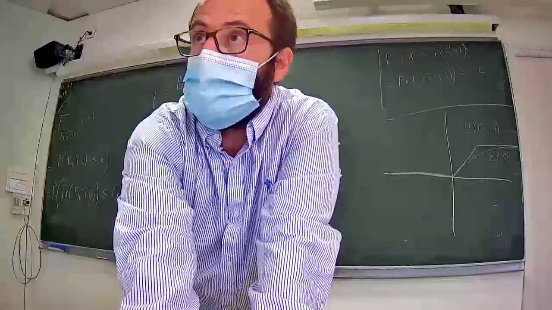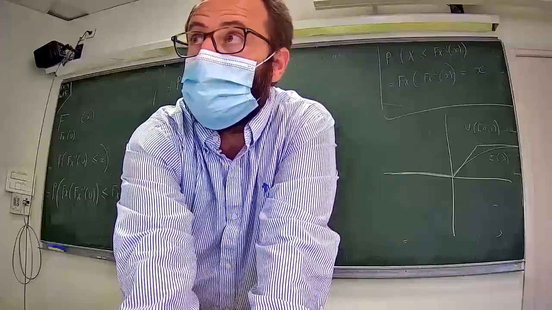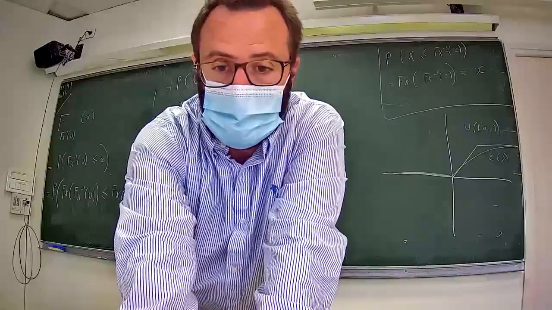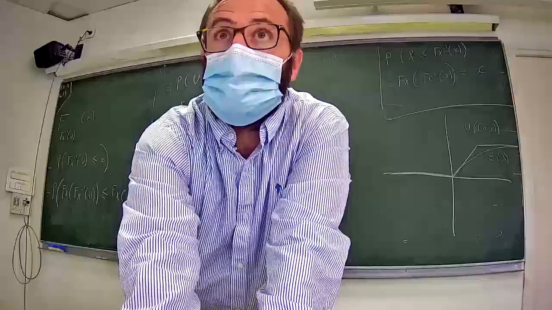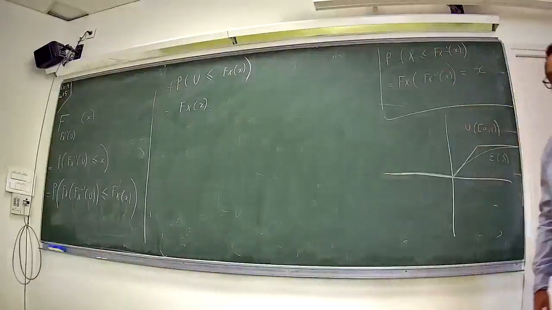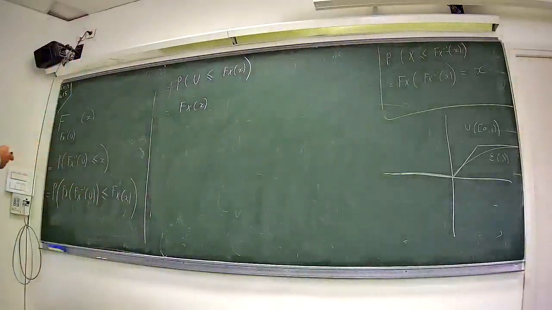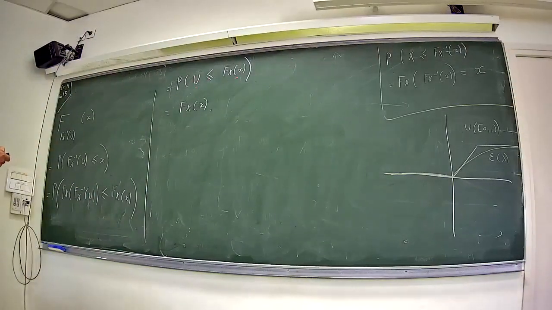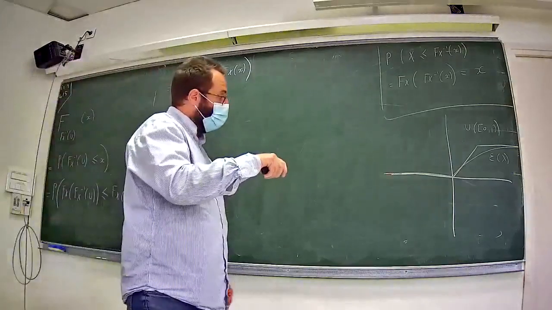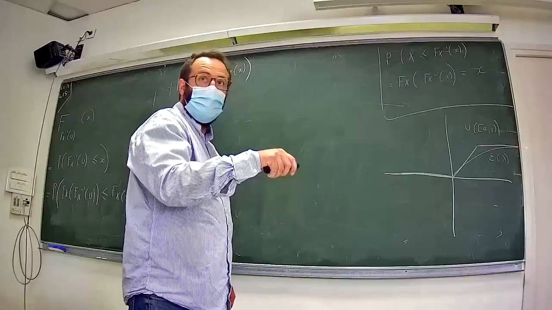So may I stop with this exercise, or do you have questions? Do you understand one step? Which one? This one? Okay, so I just say that what you have here is the probability that a uniform is less than a point. The probability that a uniform is less than a point is this curve here: 0, identity, 1.